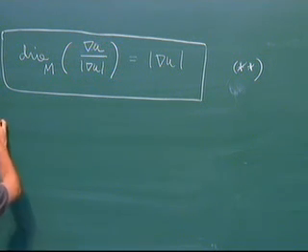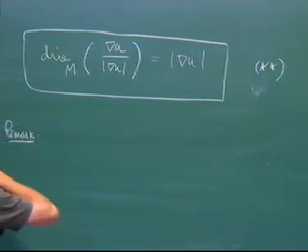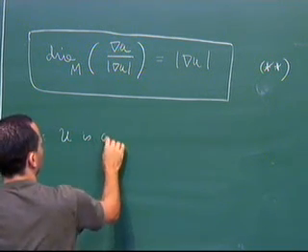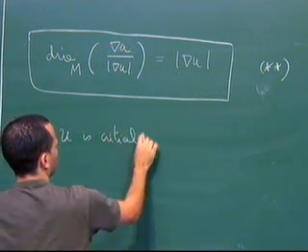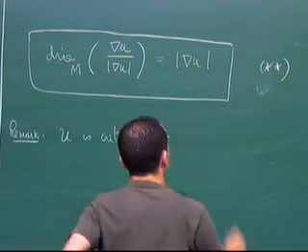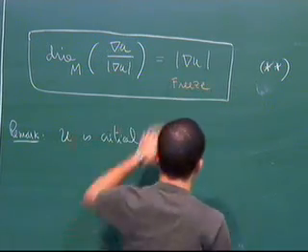An observation is that if u is a solution to that equation, then you can see u as a critical point of a functional. The idea is that you want to freeze the gradient of the right-hand side.